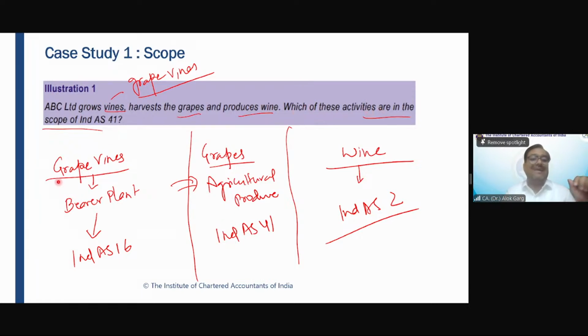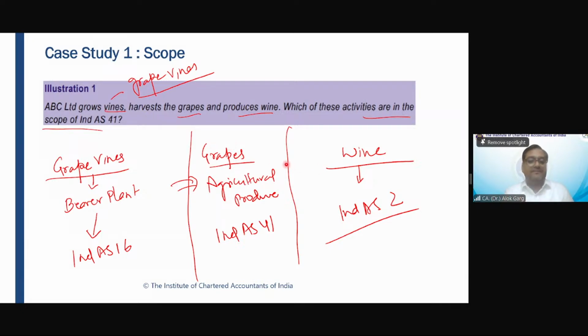First of all, the grapevine is a bearer plant because it provides grapes for more than 1 year. It will be covered under Ind AS 16. Then it will provide you grapes. When this company is harvesting the grapes, at the point of harvest, this agriculture produce will become an Ind AS 41 item. So grapes will be recognized and accounted for under Ind AS 41.